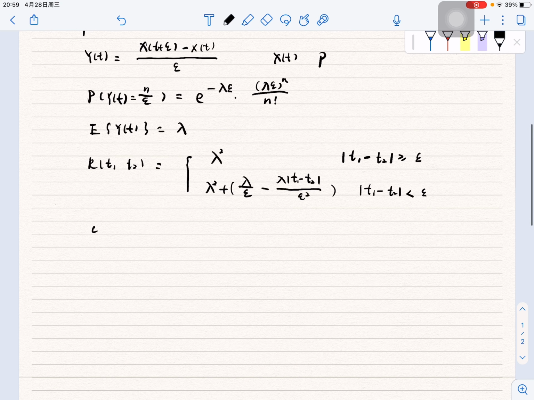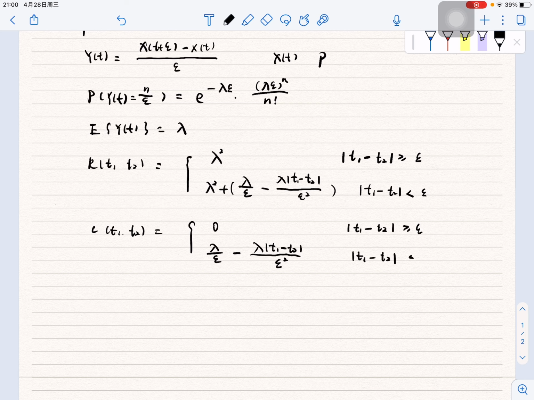The autocovariance C(t1, t2) also has two values. First is 0, when the absolute value of t1 minus t2 is larger than epsilon. The second is lambda over epsilon minus lambda times the absolute value of t1 minus t2 over epsilon squared, when the absolute value of t1 minus t2 is less than epsilon.